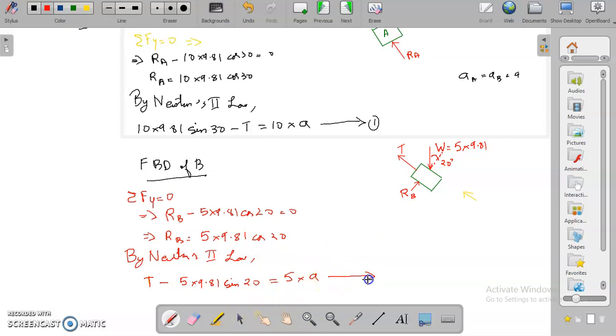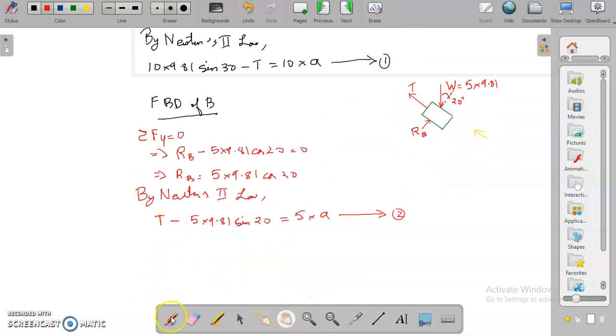Let this be equation number 2. Now solving 1 and 2, we get T equal to 27.477 and the acceleration as 2.16 meters per second square. So these are the values.